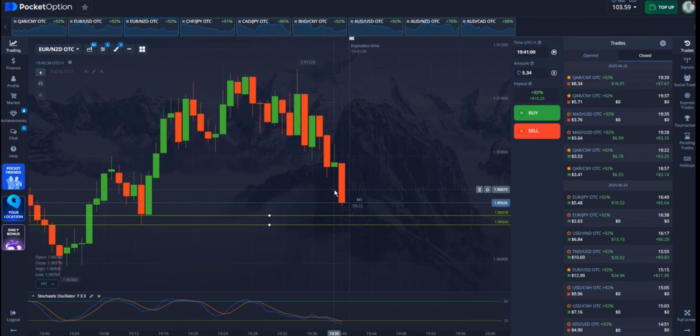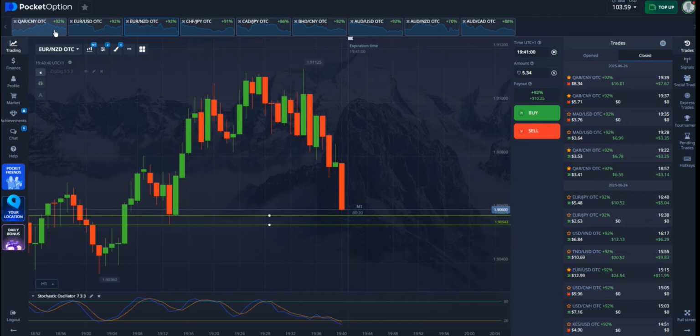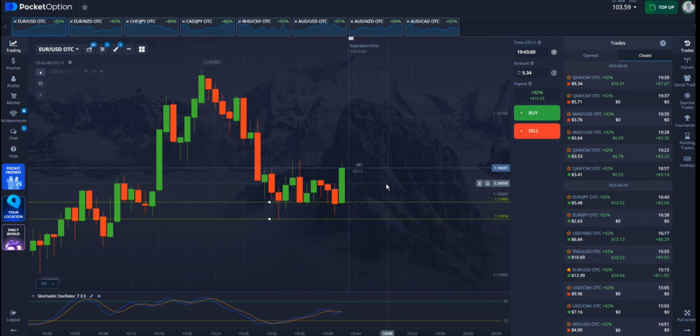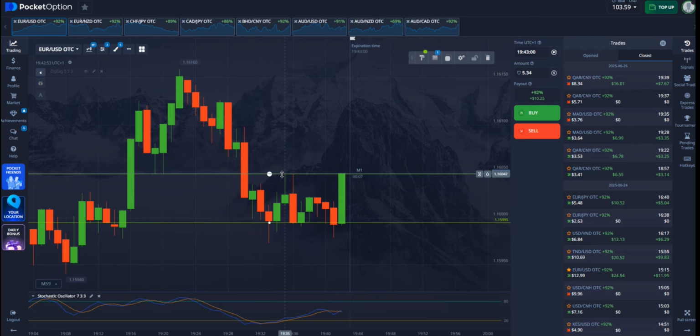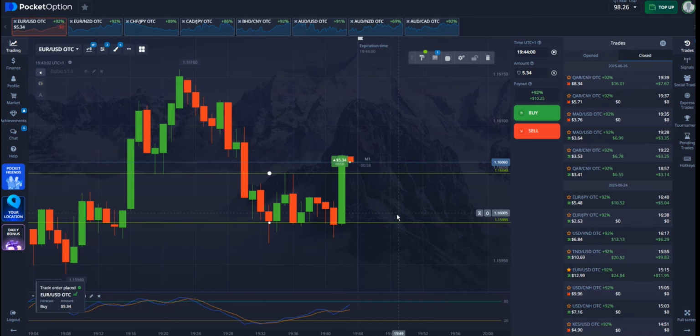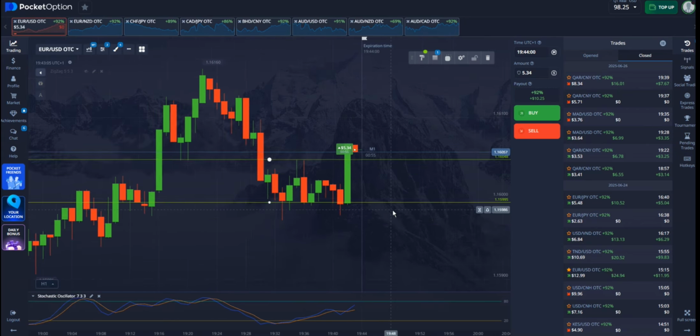But it's too close to the target, so I'm not taking this trade. I'm going to take a reversal setup, then it needs to break this point. So 3, 2, 1. Can you come down? So I took the trade for a buy.